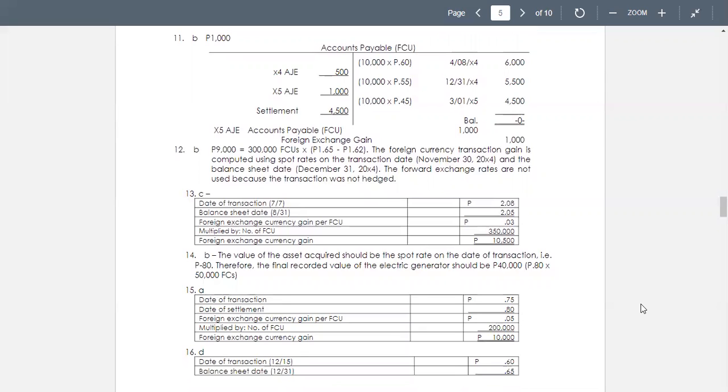So there's a difference of 0.05. And we multiply that by the number of FCUs, 200,000. So we have the foreign exchange gain of 10,000. That's letter A. Next, we go to number 16.